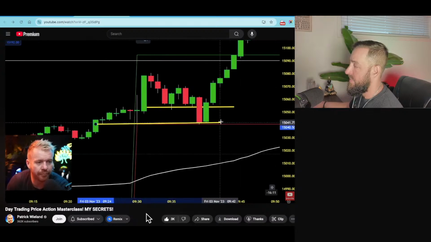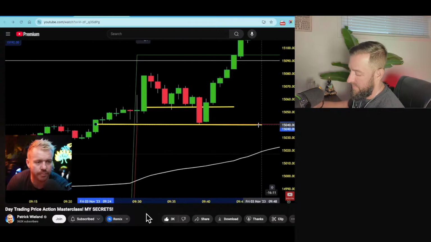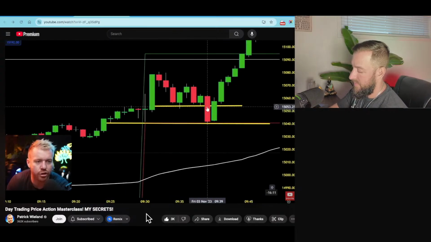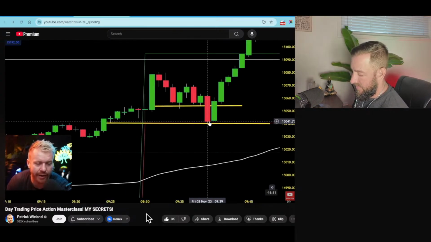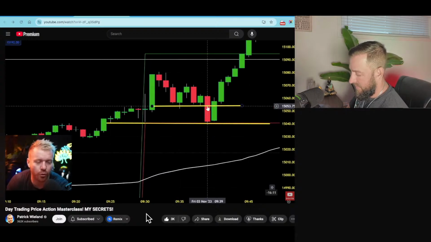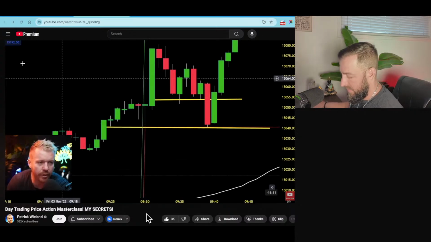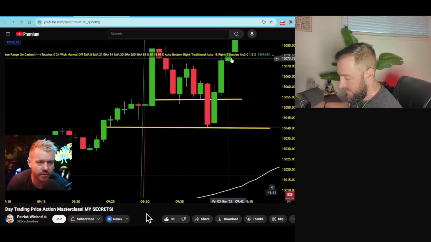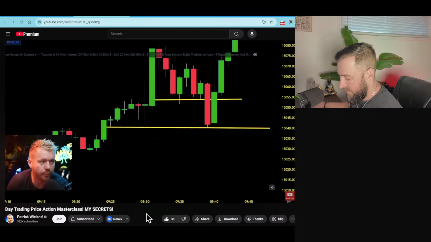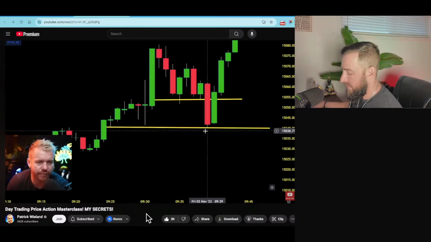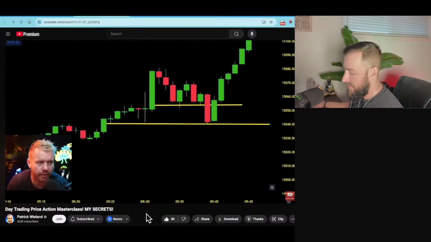So we know that there's this kind of support here. And look at that trap. It dips right down there to the 40s. People are starting to short, right? They're shorting this breakdown here, but what they don't think about is that we've got all that support right there, the 40s. Support's there.